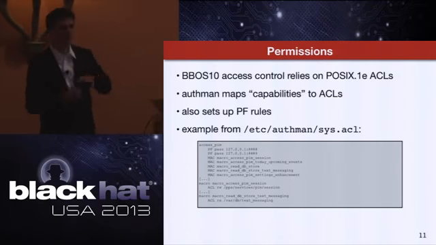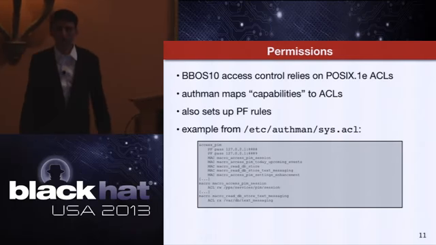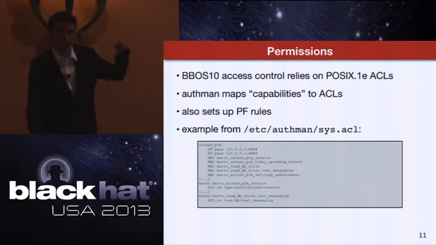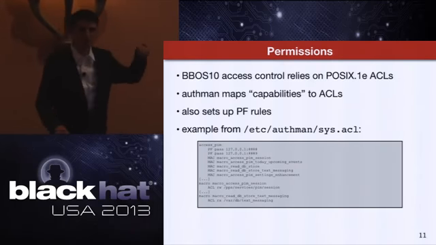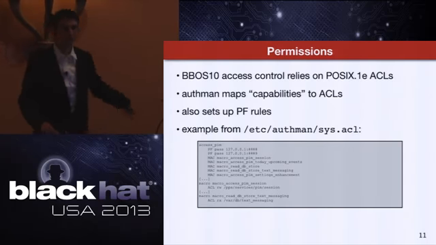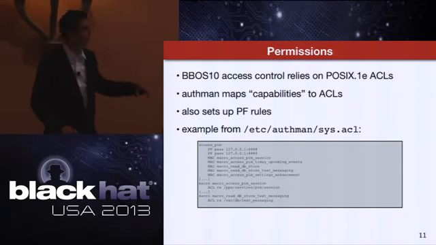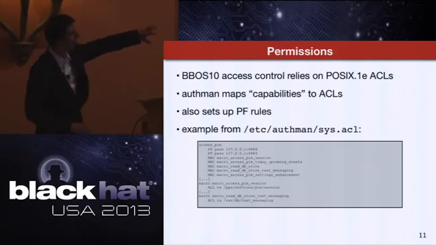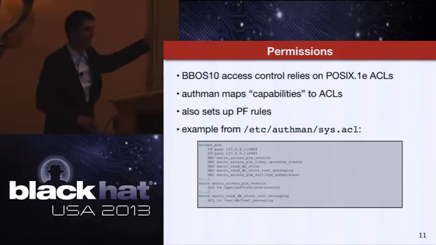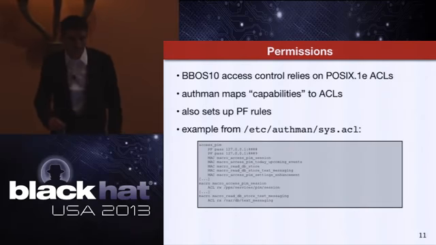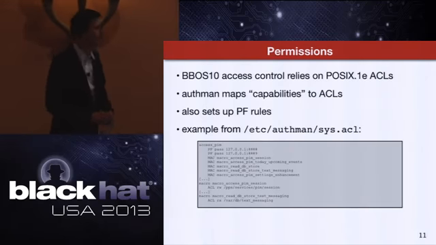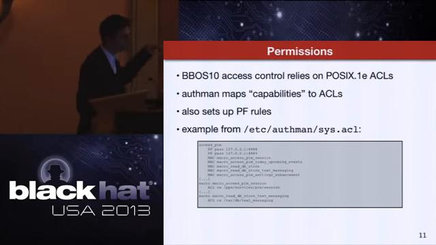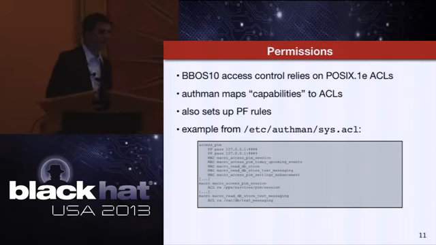But for instance, Android has these intents, and you can grant fine-grained permissions, for instance, for the camera or address book when you install an application. BlackBerryOS 10 has a gazillion permissions, and they're actually mapped to the operating system layers by a process called authman. This basically maps the permissions or capabilities to access control lists.